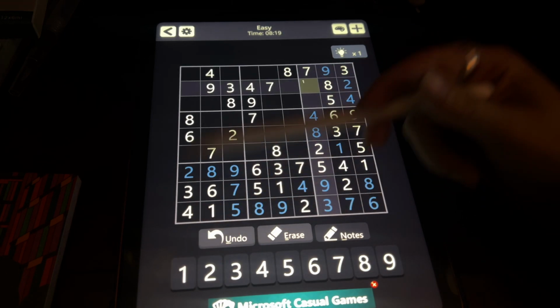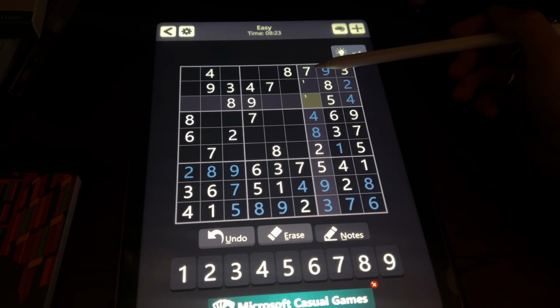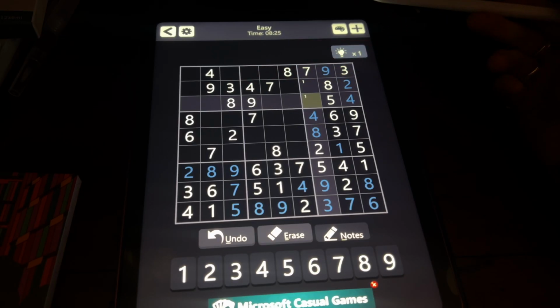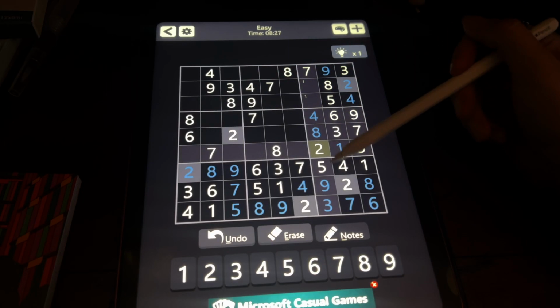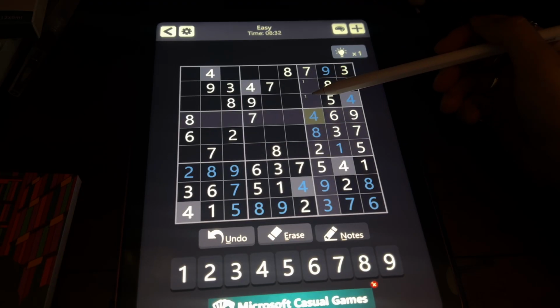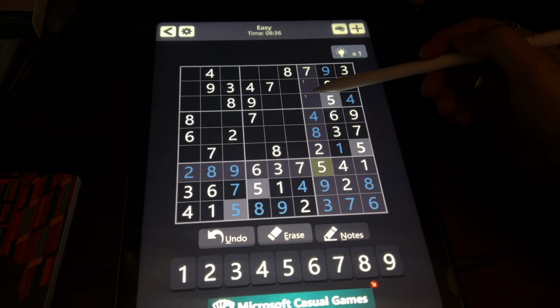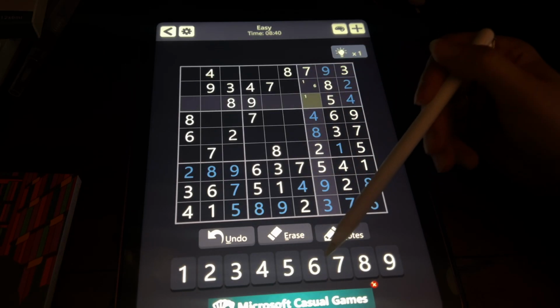And we need a 1 in this square. There's no 1s to give us any clues. 2, 3, 4, 5. We need a 6. No 6s to give us any clues.